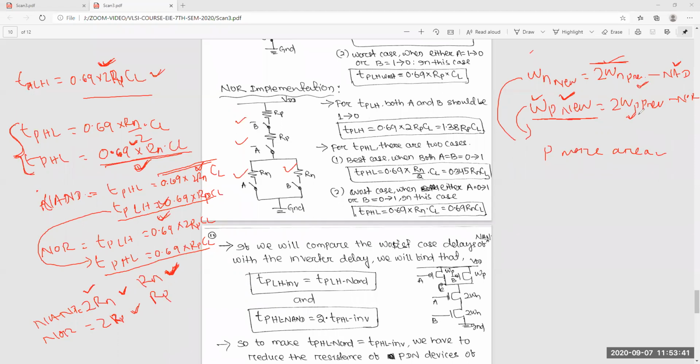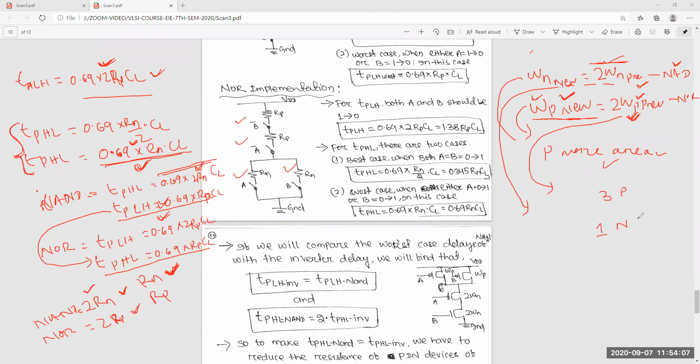Now, if you increase the P value, then the area will be more. If you increase this, that area will be lesser than this. Yes or no? Yes, yes. Because initially this area will always be more. Suppose NMOS is equal to 1, then PMOS is equal to 3.